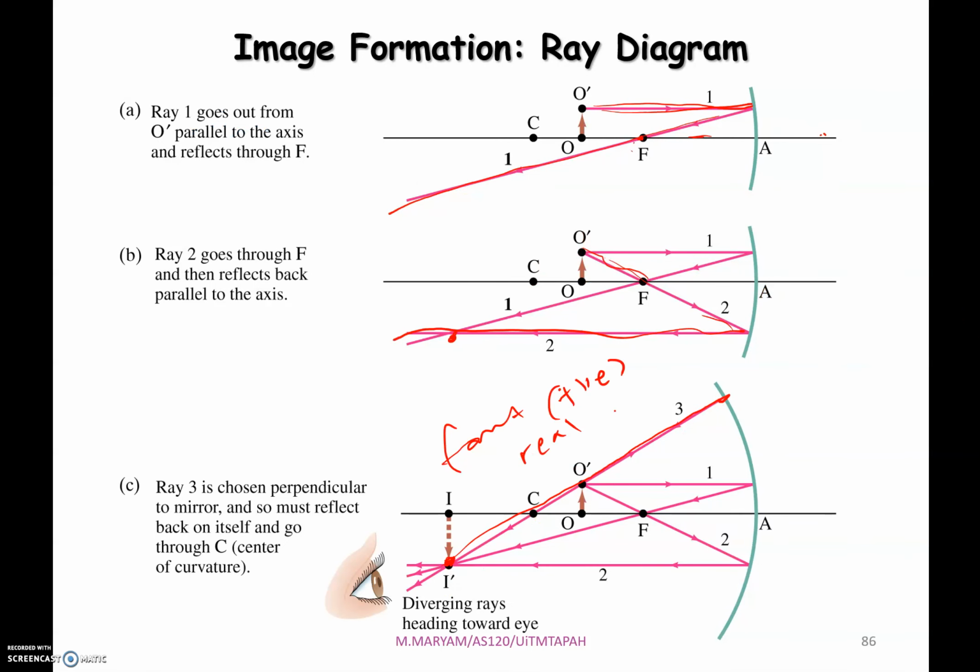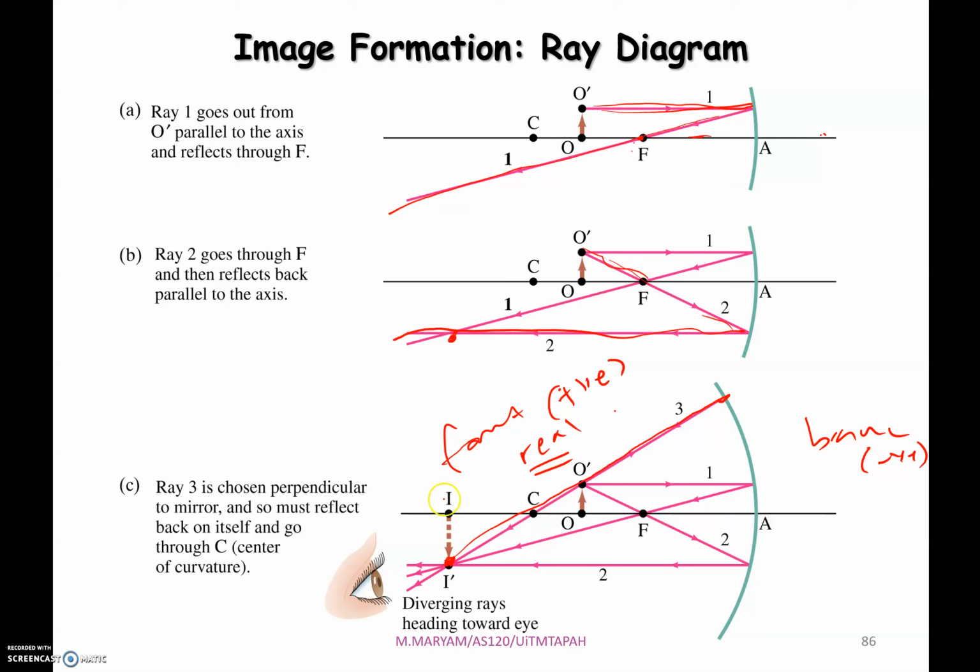If you still remember, the front of the mirror is the positive value, the back of the mirror is the negative value. So being positive, the image is real. Now, the mirror also has characteristics of image. The three characteristics, if you still remember, are whether it is bigger or smaller, real or virtual, and whether it is inverted or not.